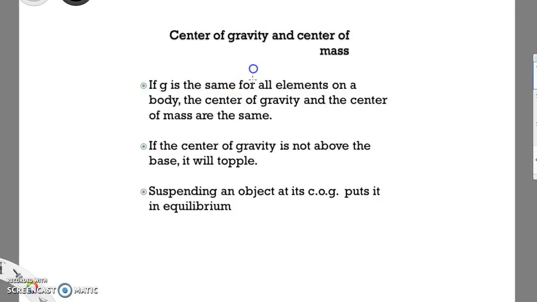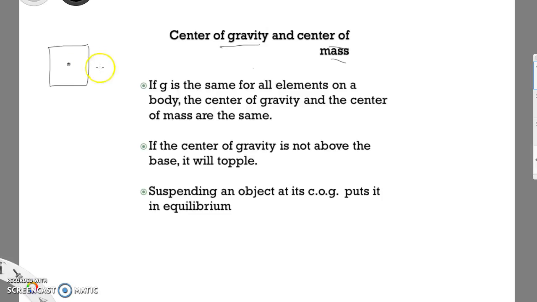The thing I glossed over in that last example is this distinction between center of gravity and center of mass. Okay, so when we're talking about tipping, the thing that's important isn't center of mass, it's the center of gravity, or the point that we say gravity acts on objects. And it's essentially the same thing.